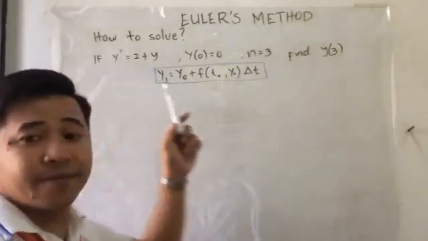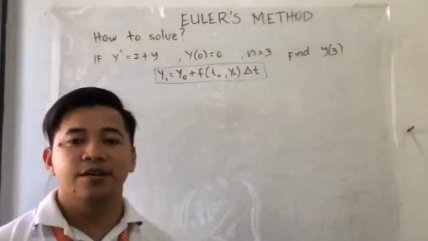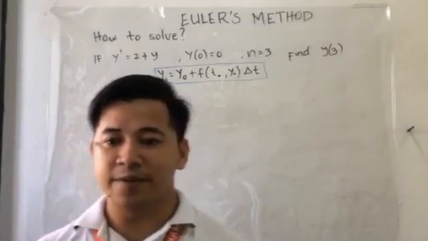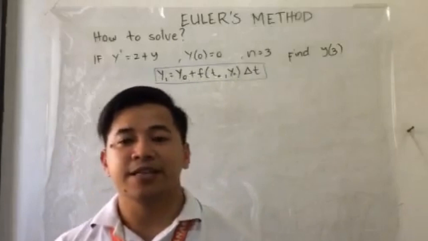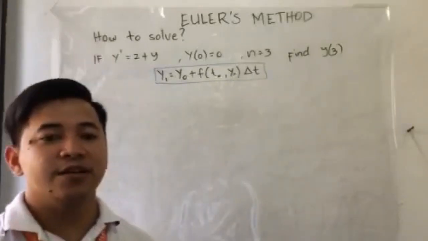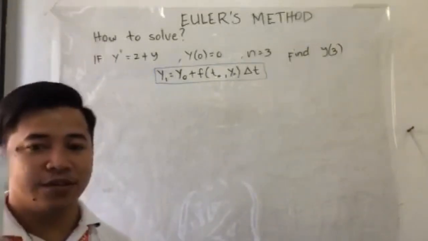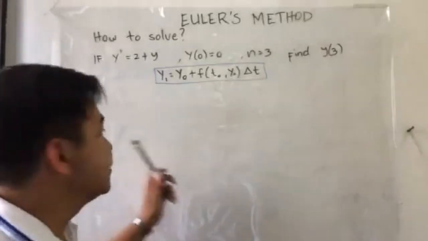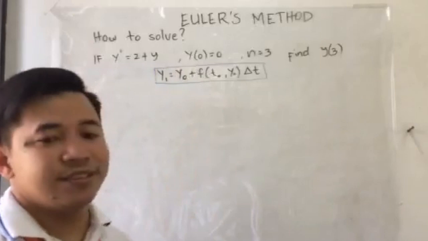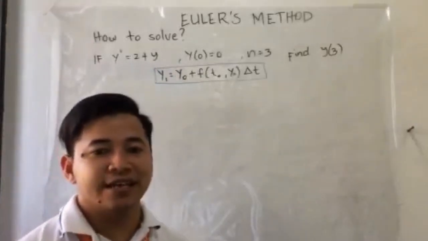y prime is our dy/dt. Normally with calculus problems, you have a dependent variable y and an independent variable x. Conventionally, on an Euler's method problem, your independent variable will be t instead of x, so we're going to use t instead of x, just like in the formula.